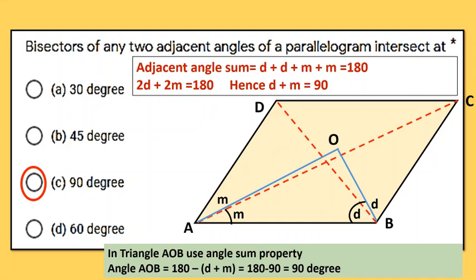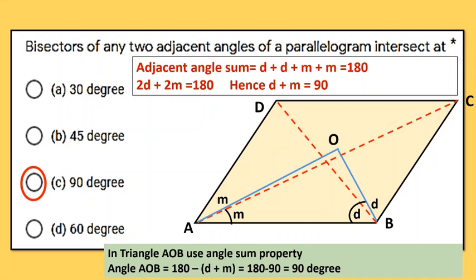Then I have used an equation here. You can see downmost I have written AOB: in the triangle AOB, I have used the triangle's angle sum property. 180 degrees minus (M plus D). A triangle always has 180 degrees, no? So 180 minus (D plus M). Okay, so D plus M is 90. I have given the reason above.